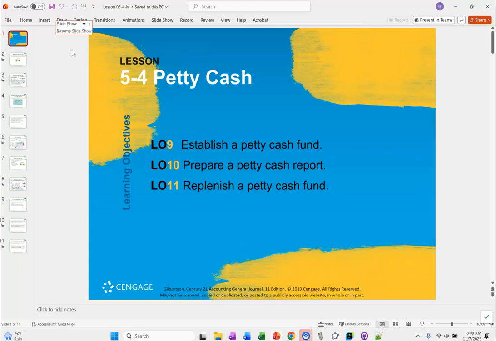You get what it's for, why you need it, just for random stuff. So you don't have to write a check to have Bob fill up the truck with gas, or the job ran late and you buy your crew lunch. You can just use petty cash for that.